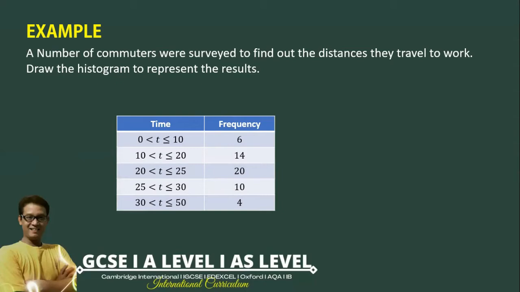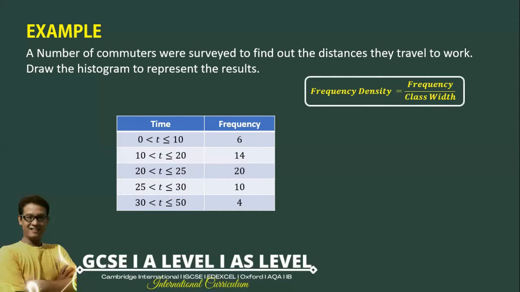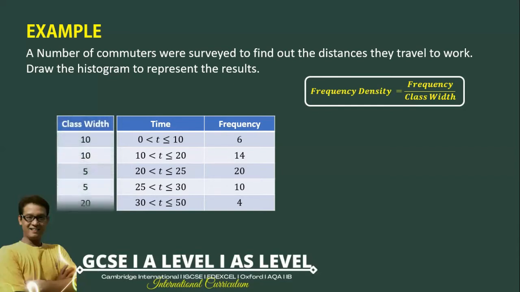Now we're going to talk about how to define frequency density. Students, frequency density equals frequency divided by class width. So what's next? We have to find the class width. How to find class width?